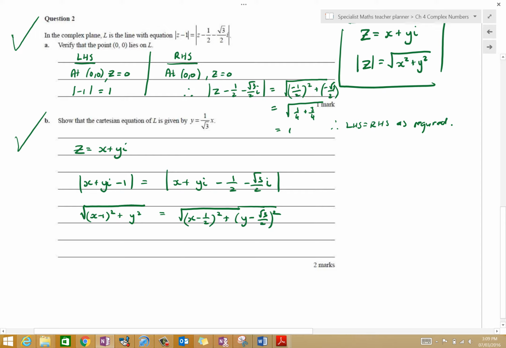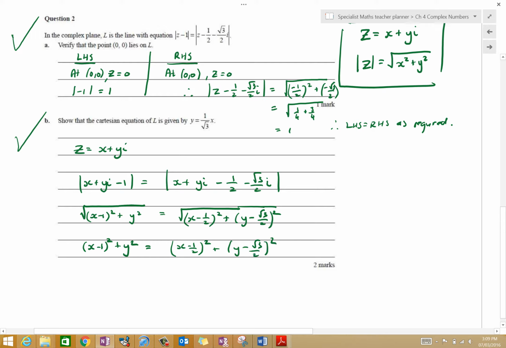So that's what I start with. Now let's square both sides. So we can say that (x minus 1) all squared plus y squared is equal to (x minus a half) all squared plus (y minus root 3 on 2) all squared.